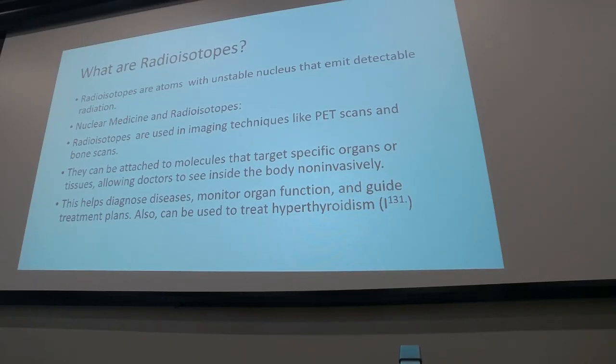In some cases, you can use it to treat diseases like hyperthyroidism or even cancer in the thyroid gland. The thyroid gland uses iodide to form thyroid hormone. In this case, we have a form of iodine called iodine-131. When the person ingests it, the radiation is going to start destroying the nodules, if it's hyperthyroidism, or the tumor in the gland.